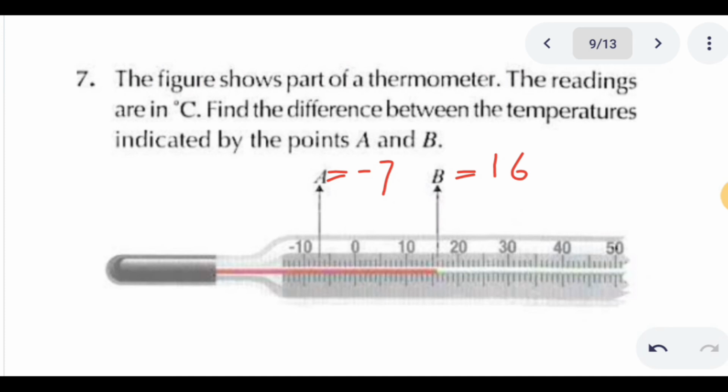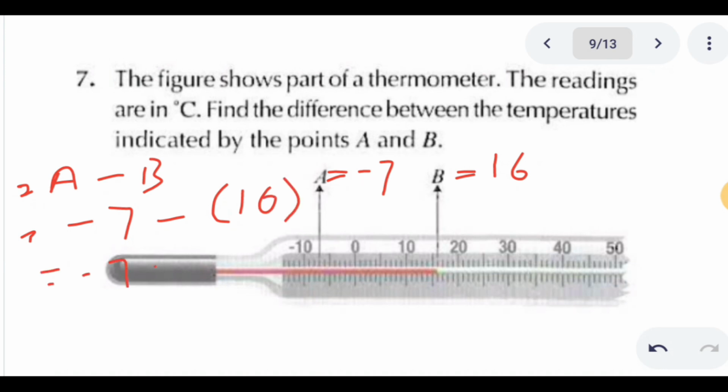Now we have to find out the difference between these two numbers. So we have to find A minus B. The number A is having minus, then we have to find the difference, so we will write the minus sign and then the 16.